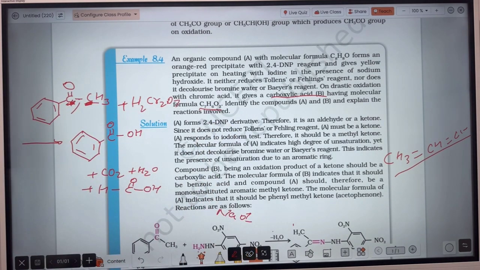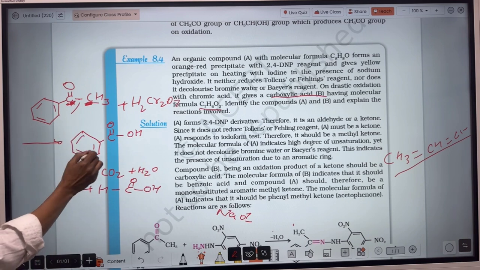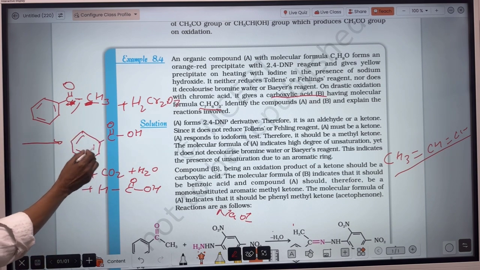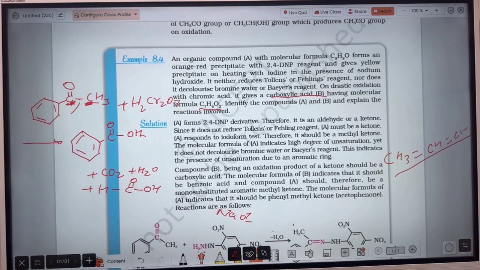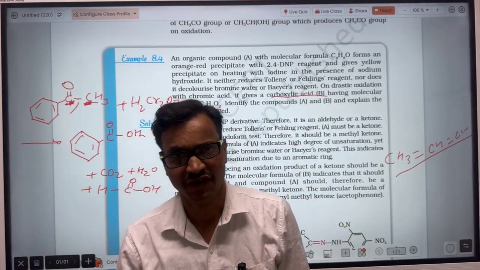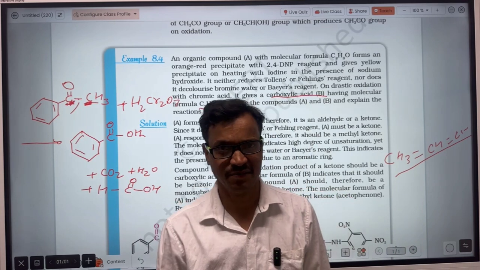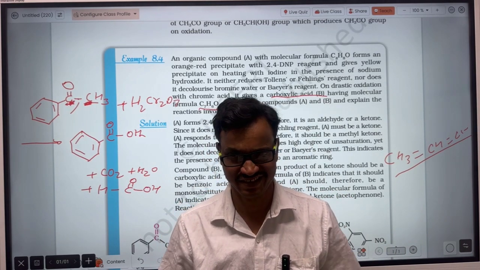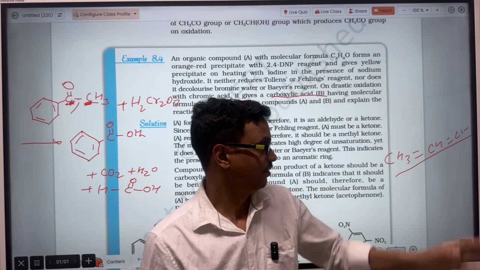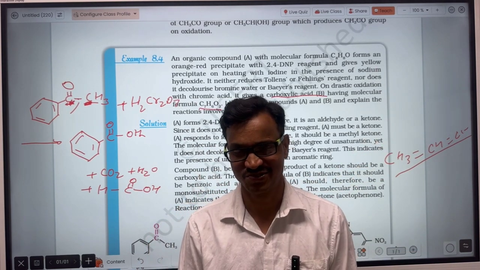Let's see here whether its molecular formula is fully satisfied or not. 6 carbons here, 1 carbon, so 7 carbons. Now oxygen, how much? 2 oxygens here. Then hydrogen 6, so 5 hydrogens here and 1 here, 6. So the structure of the compound which we have drawn is fulfilling all the conditions provided in the reactions.